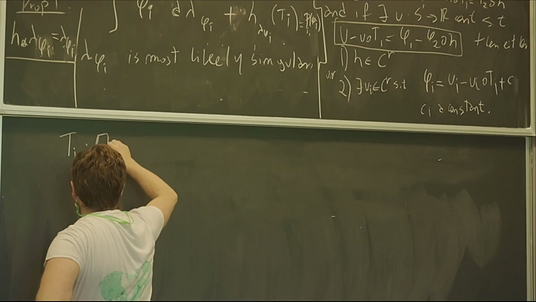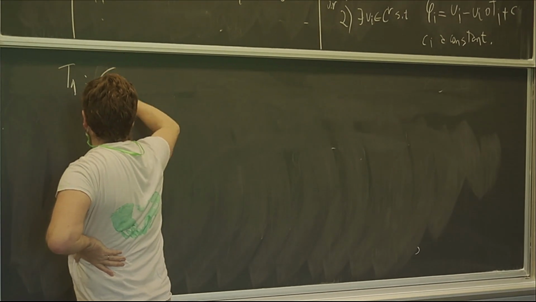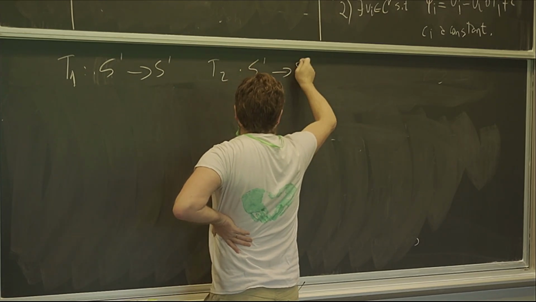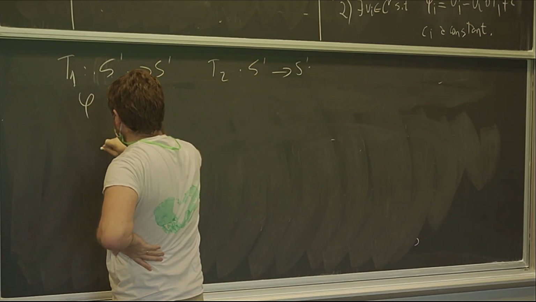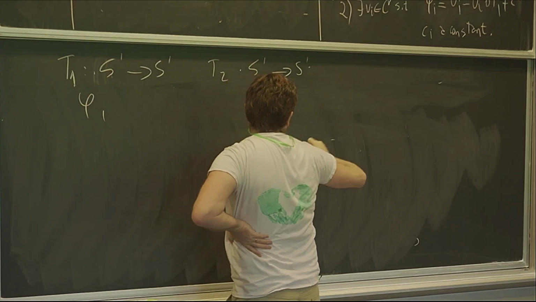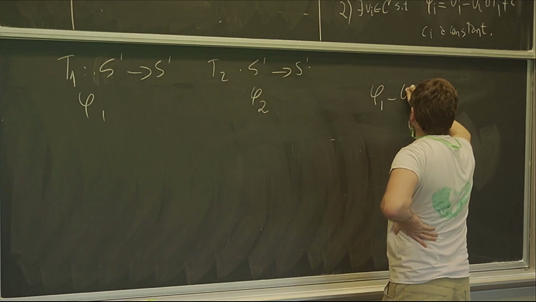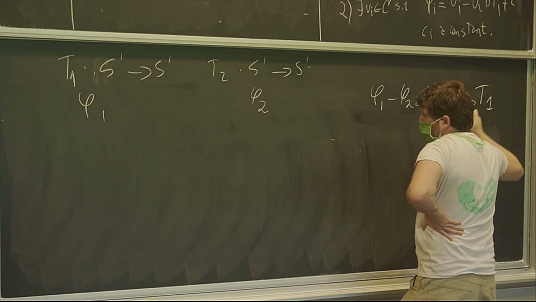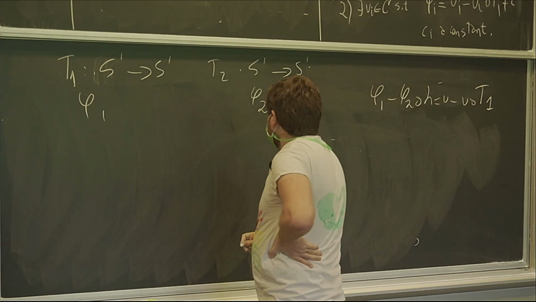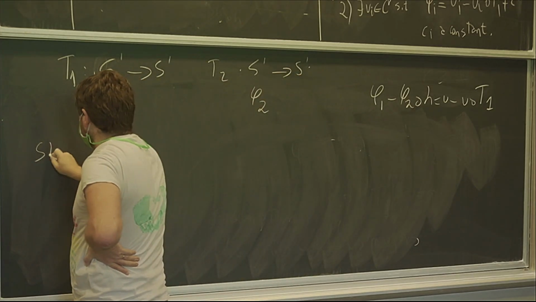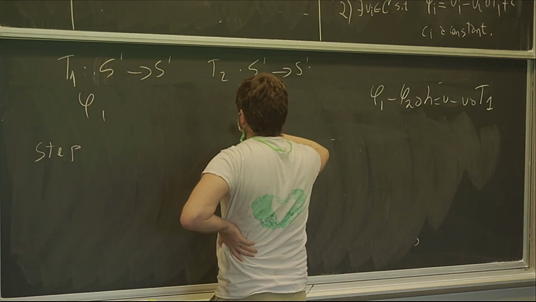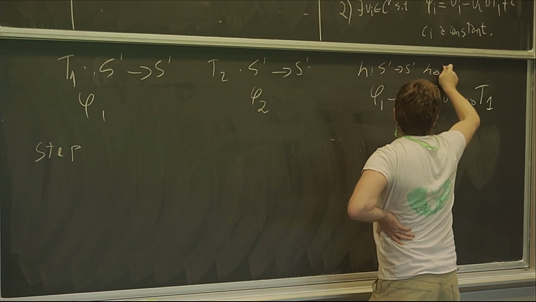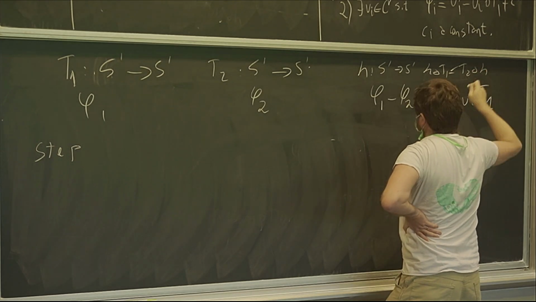We have T1 from the circle to the circle, and T2 as well. You have your phi1 here, you have your phi2 here, and you know that phi1 minus phi2 composed with H is U minus U composed with T1. And you have your H, so H composed with T1 is T2 composed with H.